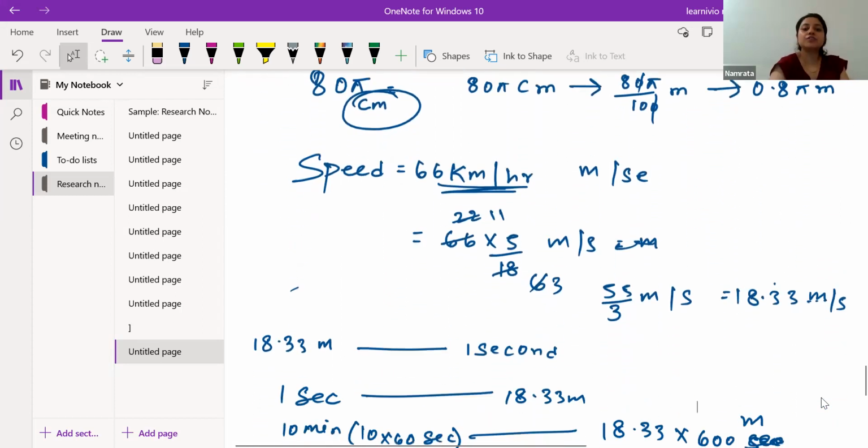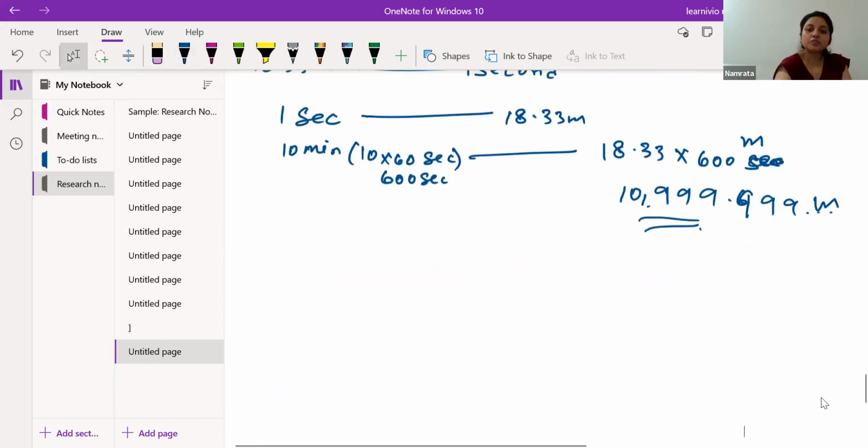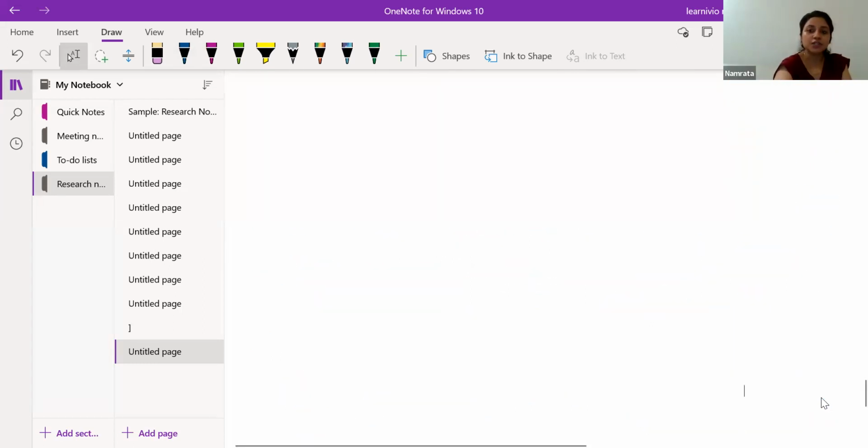For one complete revolution, the car covers the distance 2 pi r, that is 0.8 pi meter. For how many complete revolutions will the car cover this much meter?